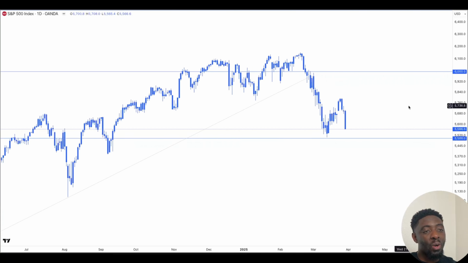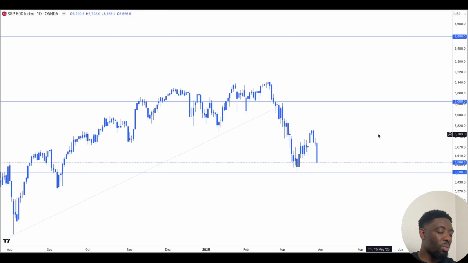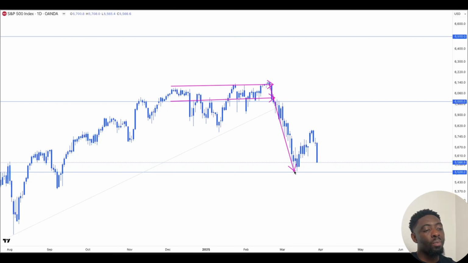So price is currently playing between 6,000 and 5,500 on the S&P 500. So we had a massive play, look at this rejection around 6,000, and look at the crash that came in all the way to 5,500. Now with all the tension, with all the crazy things that's happening, we still haven't broken below 5,500.